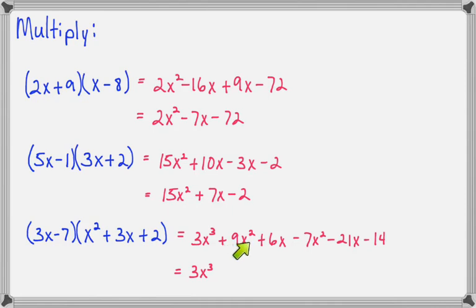For x squared terms, we have 9x to the second and minus 7x squared, so that gives us plus 2x squared. And for x terms, we have 6x minus 21x, that gives us minus 15x. And our constant is minus 14, and that's all we can do on this multiplication.